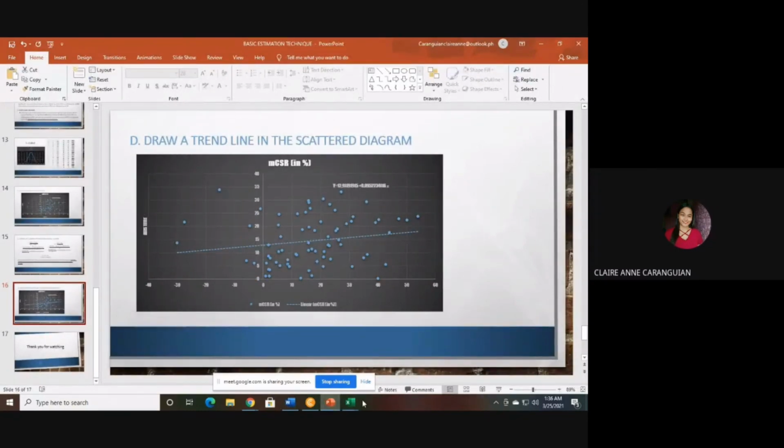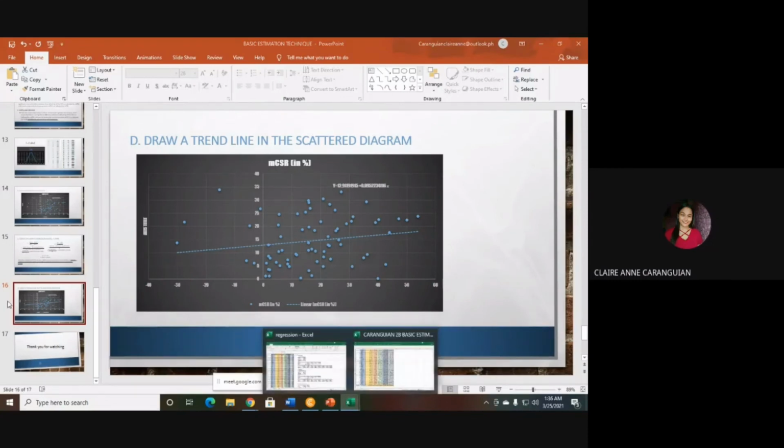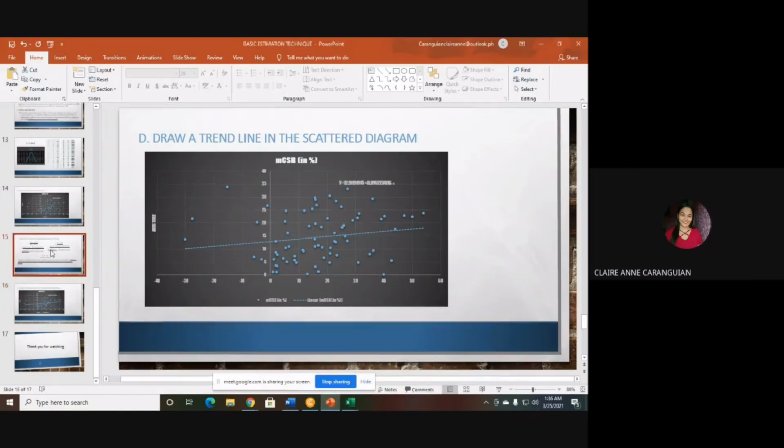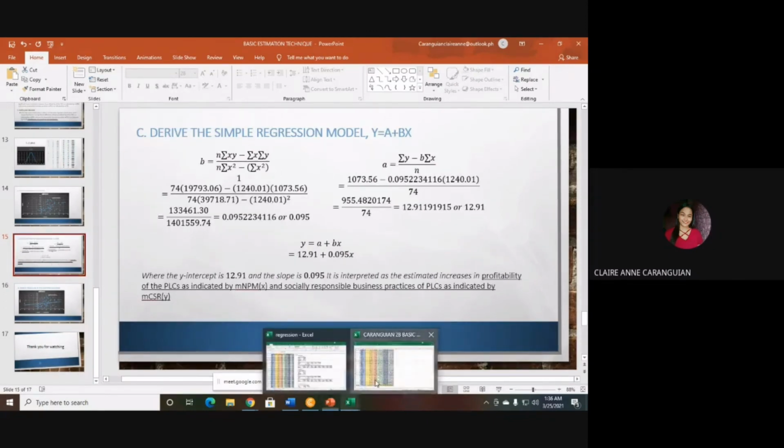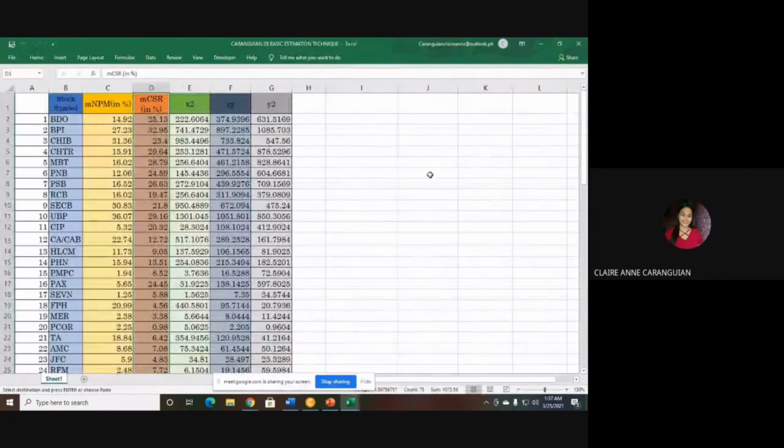So, may ituturo pa pala ako para mapadali, para hindi na natin mamanu-manuhin na tulad nito. Ituturo ko lang. Di ba, ayan na yung data natin. Ang gagawin mo para madali, kasi using Excel, mas pinadali yung pag-compute.